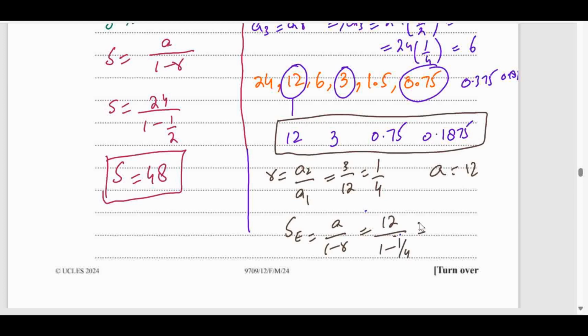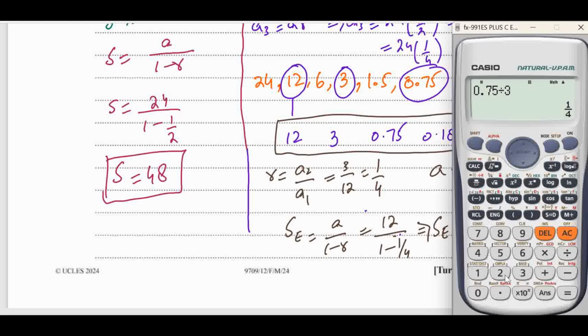So if we simplify it, S_E will be equal to 12 divided by 1 minus 1 by 4. So this will be equal to 16.